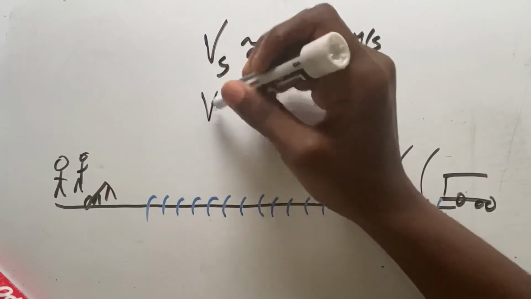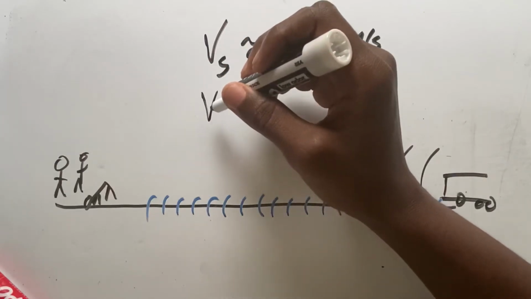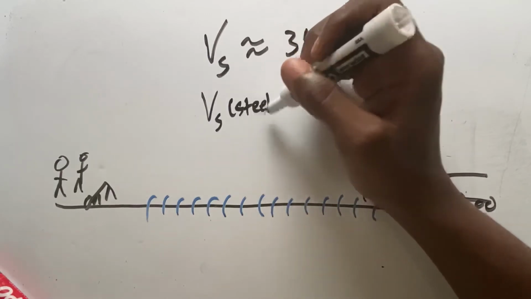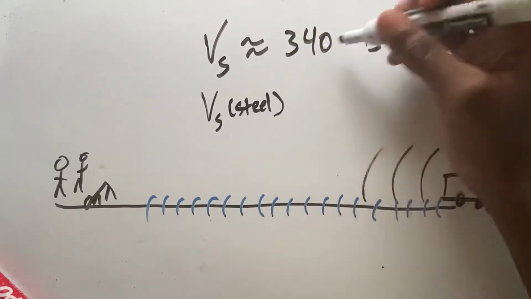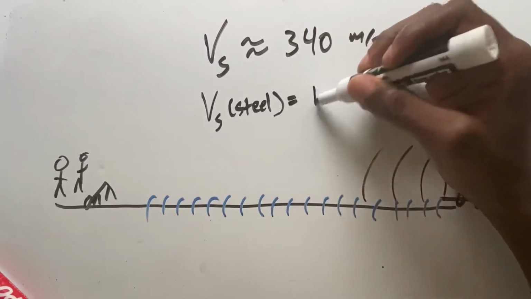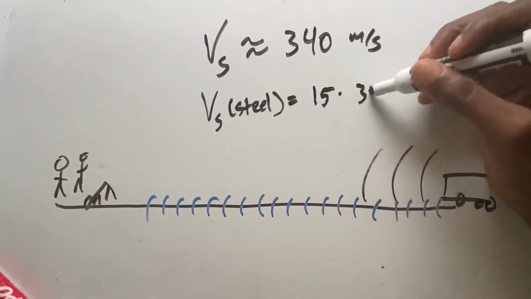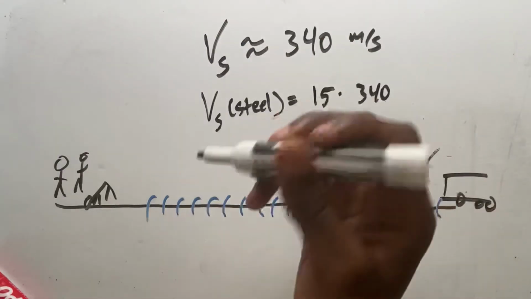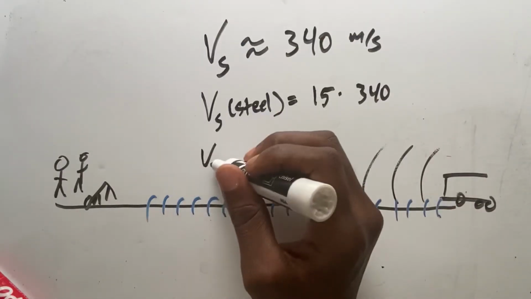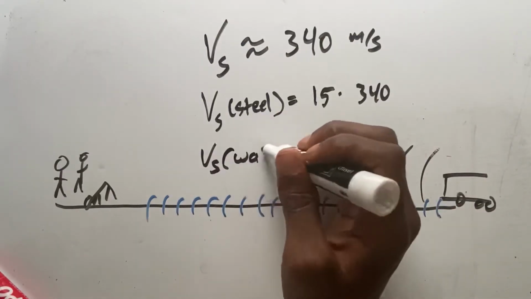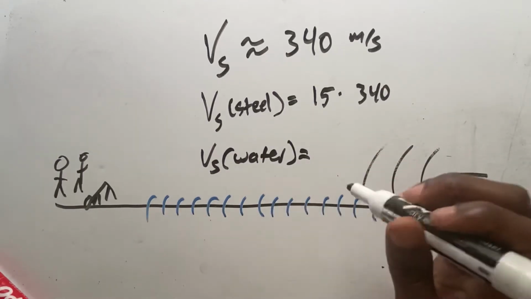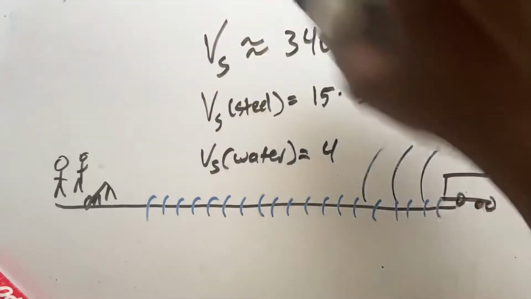So the speed of sound in steel is going to be equal to basically 15 times 340. So it's 15 times more. And sound also travels faster in water. Speed of sound in water is about 4 times as much.